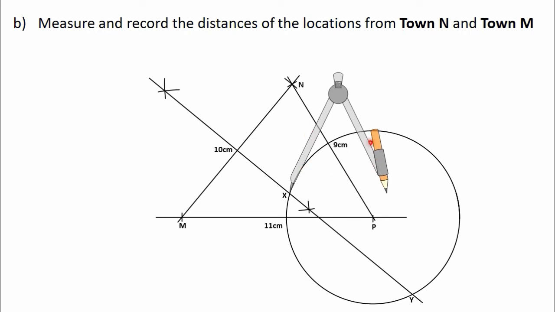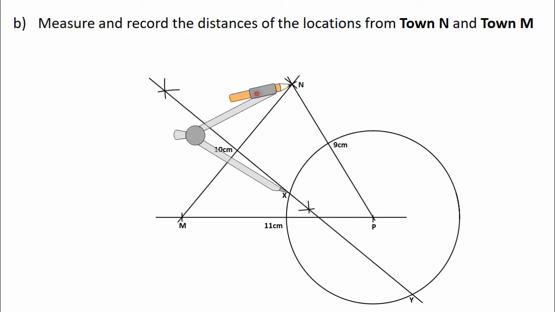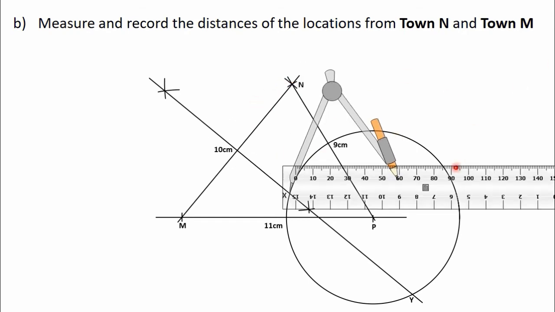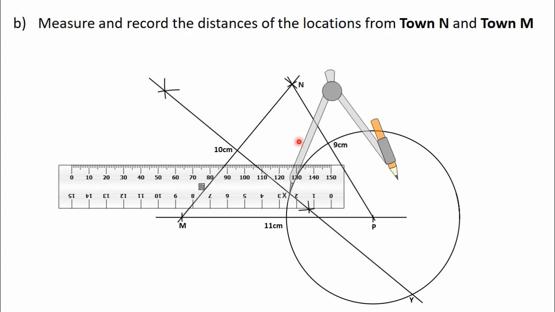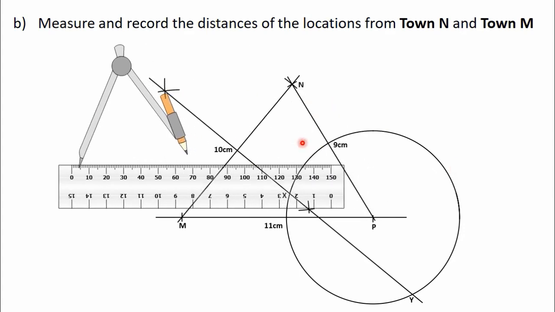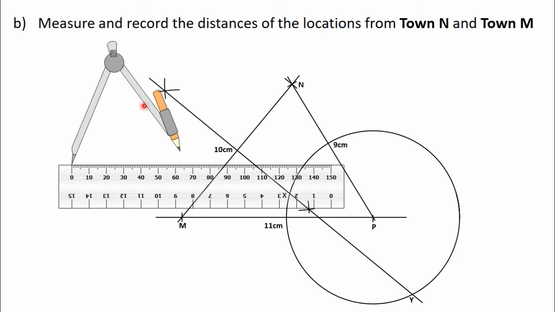Then I'll stretch the part holding the pencil to point N, just as I have here. By doing this, I have measured NX using the compass. To get the actual length, I'll take the ruler and read the measurement on it. To do that, I'll put the needle of the compass on point 0.